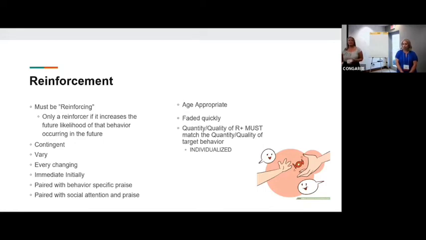Like we said earlier, fading those quickly and just making sure that the quantity and quality match that behavior. So if he folded that towel for the first time by himself, he should get to play that video game for a long time. If I only gave him maybe a minute to play on that video game after folding a stack of towels this big by himself, he might be like, that's not worth it. I'd rather just ask for help and you do it for me. So we really want to make sure it matches.